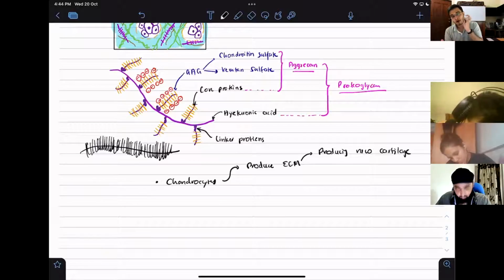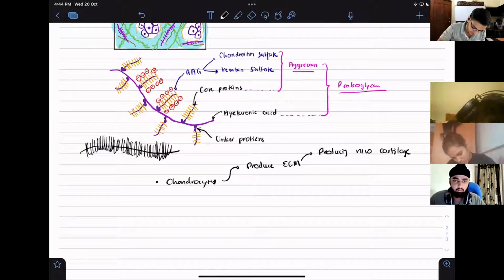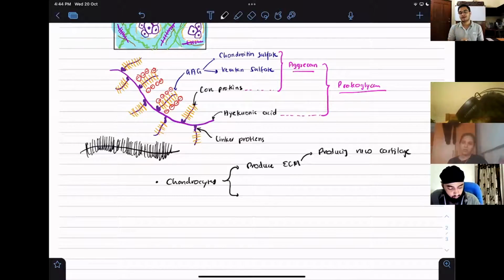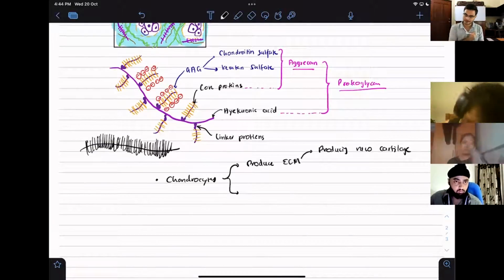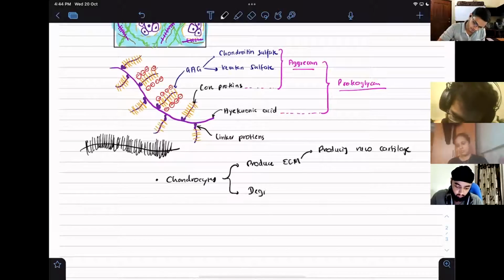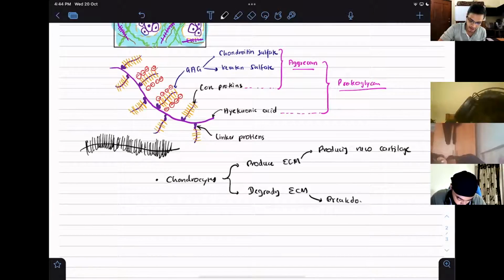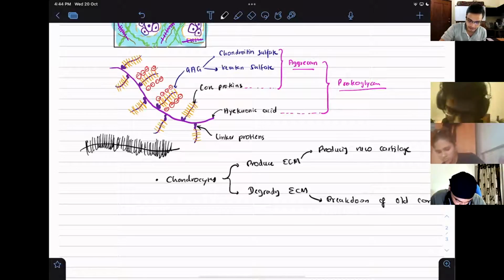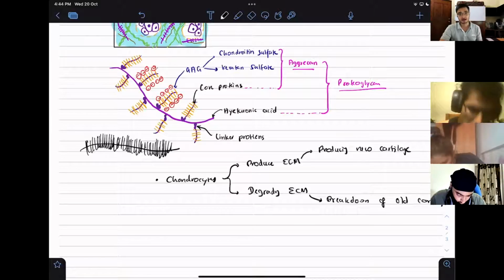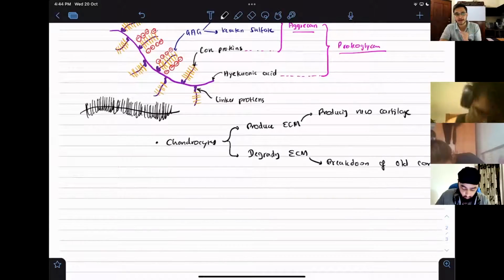Then chondrocytes also have another function, guys. What is that? Degrading old extracellular matrix, basically breakdown of old cartilage. So what is the chondrocyte's function? Basically, this is a dynamic balance.